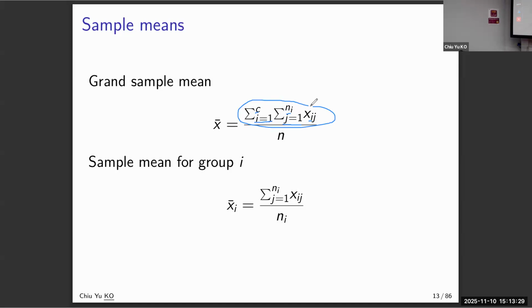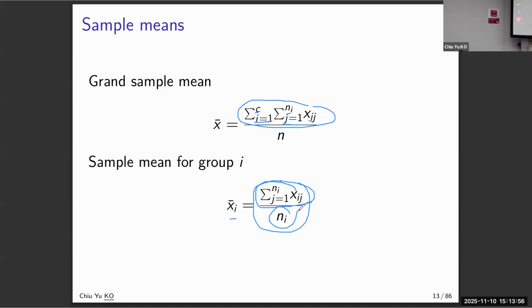And this one, you focus on a particular group i and calculate the mean of group i. Just add up everything in group i divided by how many of them there are. So suppose you care about the mean of the boys: just add all the boys divided by how many boys you have.